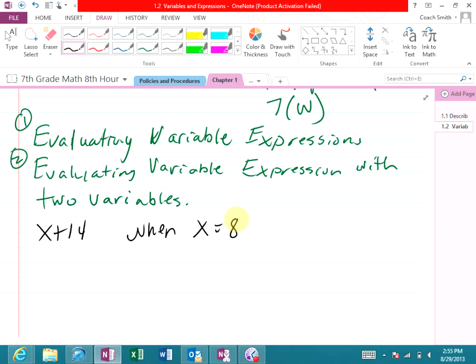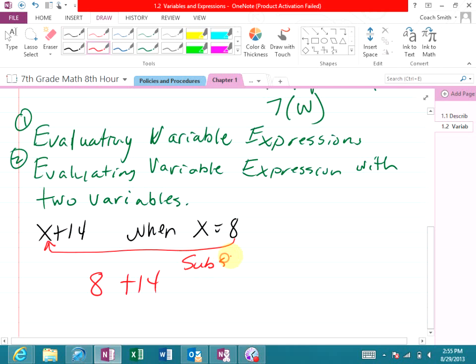Very good. 8 plus 14. Okay, all I did is I plugged that 8 in for the x. Okay, we substituted the 8 for the x.